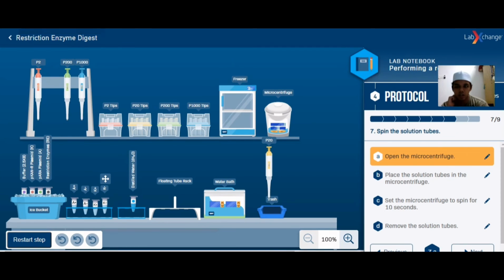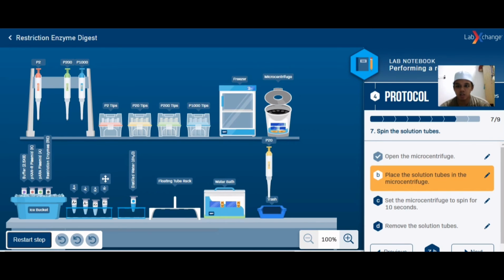Then we need to spin the solution tubes. First, we need to open the microcentrifuge. Place the solution tubes in the microcentrifuge.